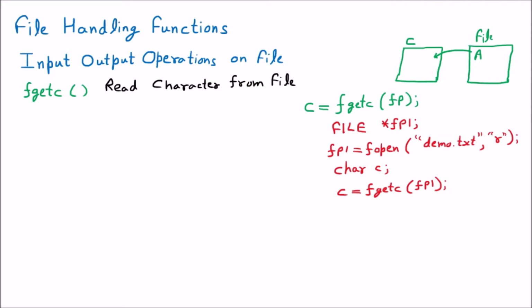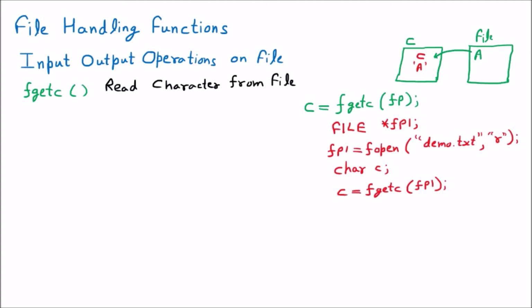So we are assuming there is a variable c where the value of character a will be stored. So now the value of c will become a, and a will be stored here in the C program. So this is a piece of code which we have learned.